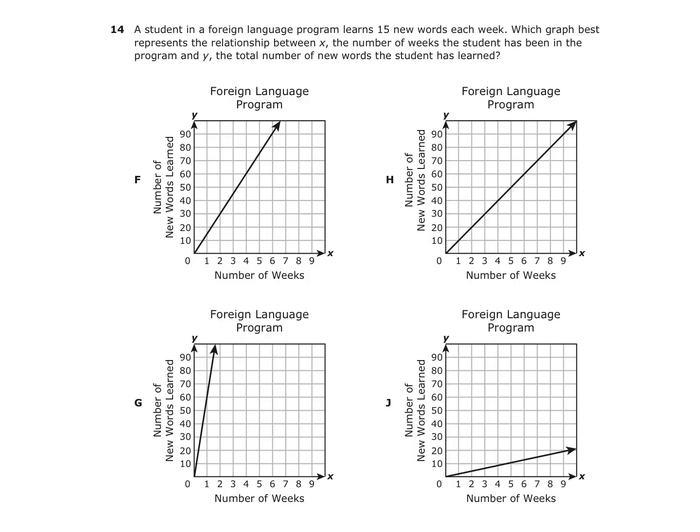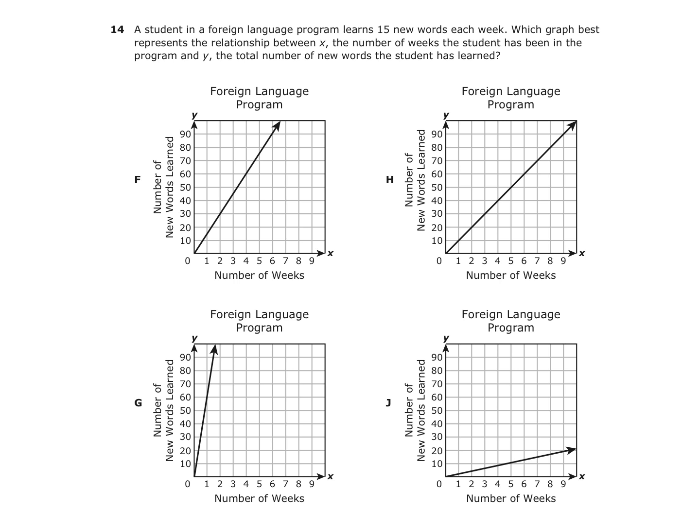Okay, so the first problem in this section is number 14. A student in a foreign language program learns 15 new words per week, and each graph represents the relationship between x, the number of weeks that the student has been in the program, and y, the total number of new words the student has learned.